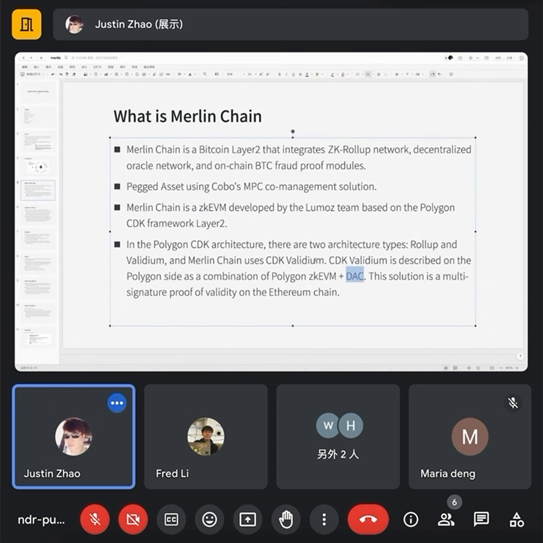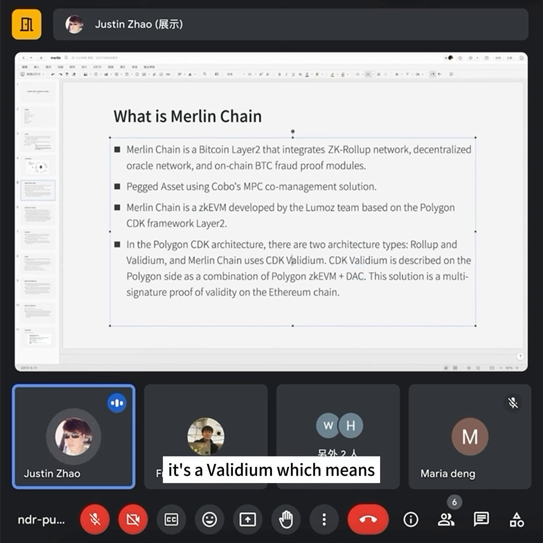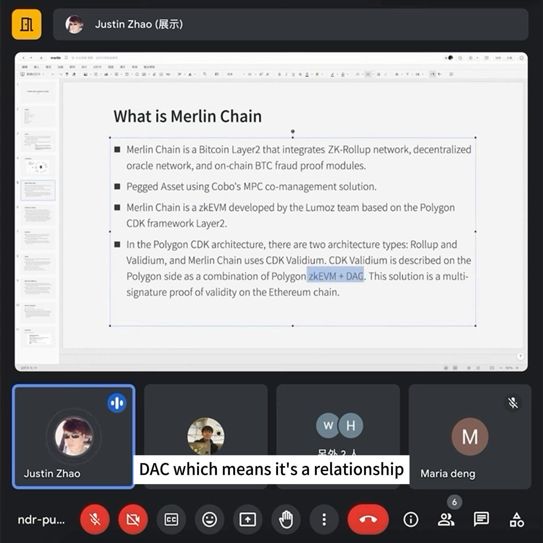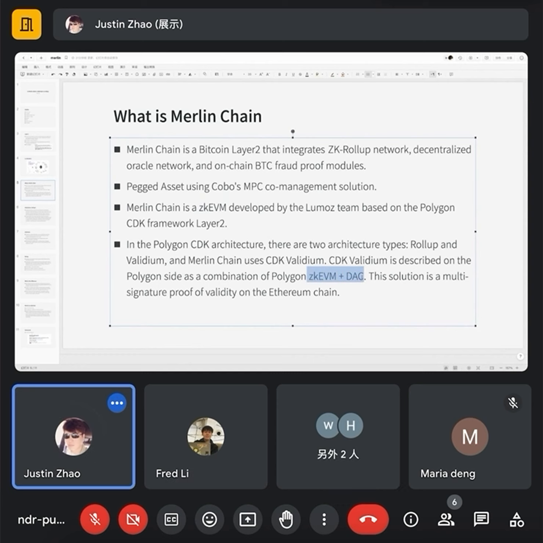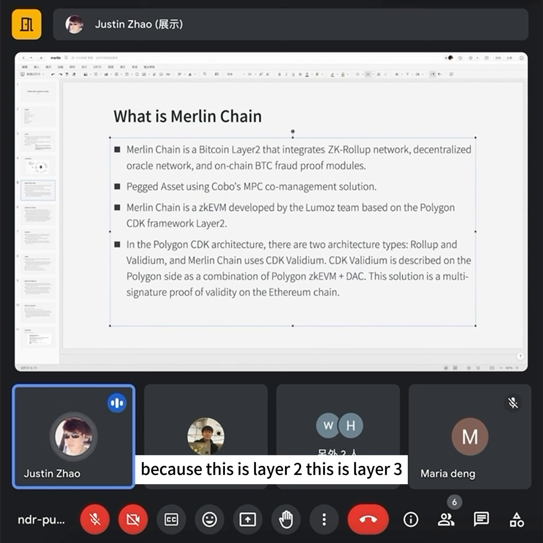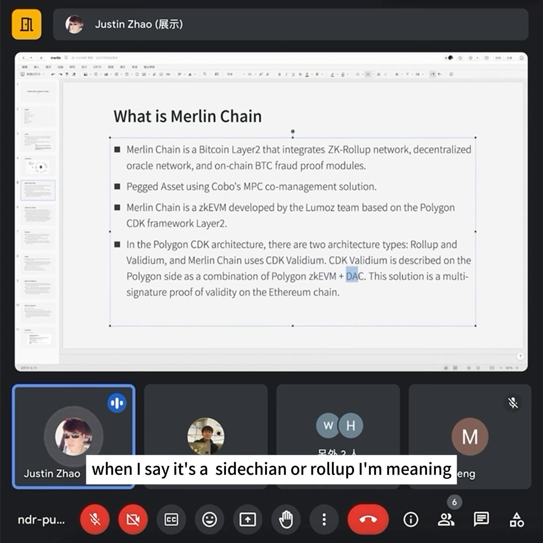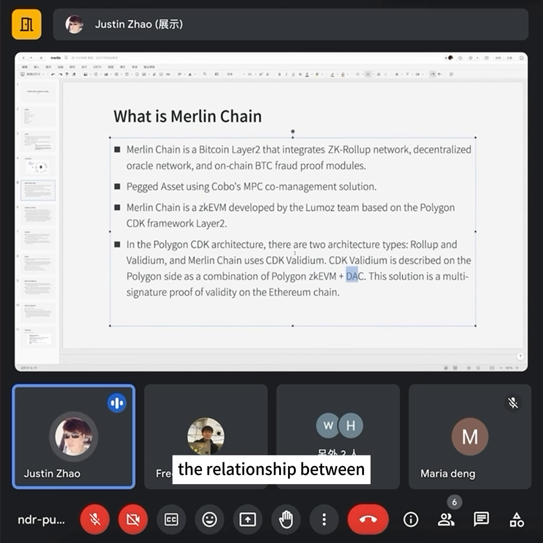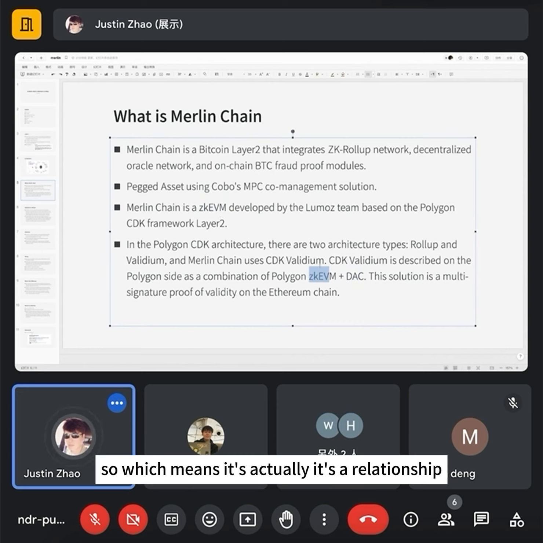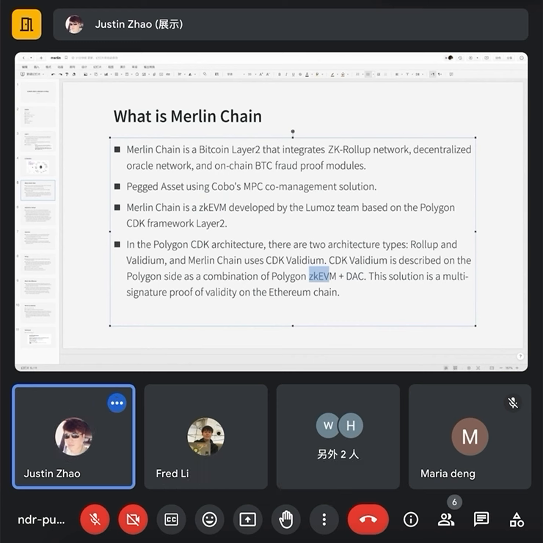When I say it's a Validium, it's a relationship between ZKEVM and DAC, because this is the layer 2, this is the layer 3. When I say it's a sidechain or a rollup, I'm meaning the relationship between Bitcoin chain and ZKEVM chain, which means it's a relationship between layer 1 and layer 2.